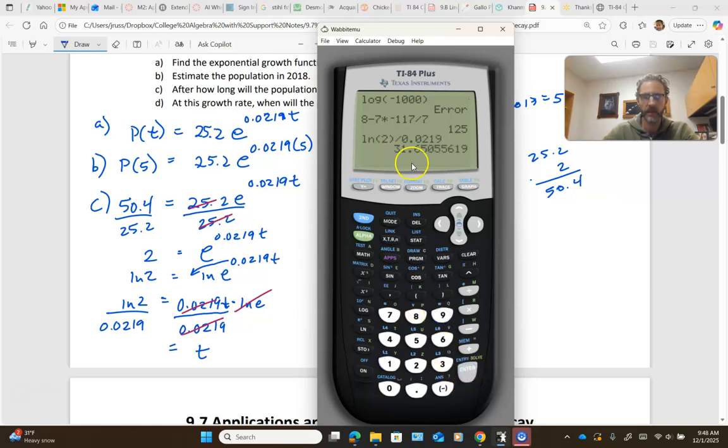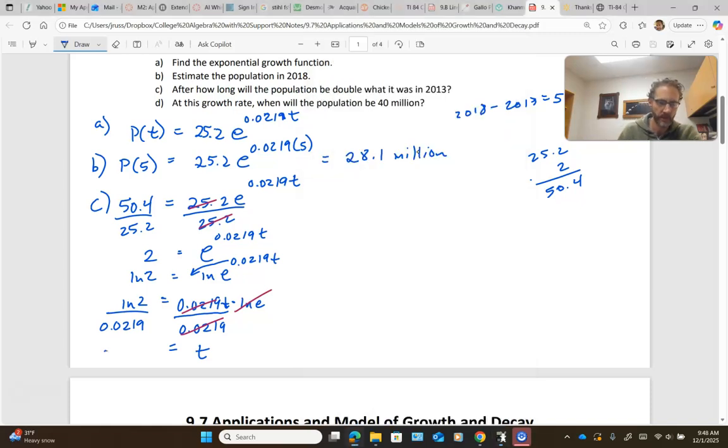And hit enter, and this is what we get. If I round this, say, to the nearest tenth, this would go to 31.7 years. Okay, 31.7 years. And so that means that's how long it'll take the population to double if it continues to increase exponentially like this, at this same continuous exponential rate.